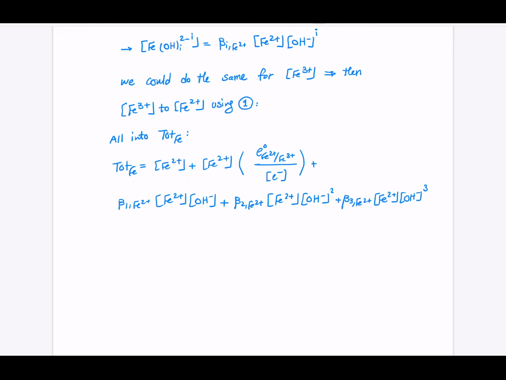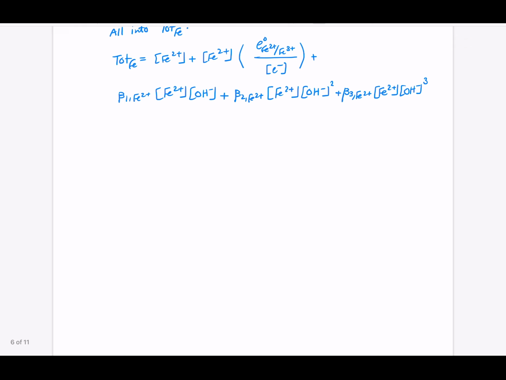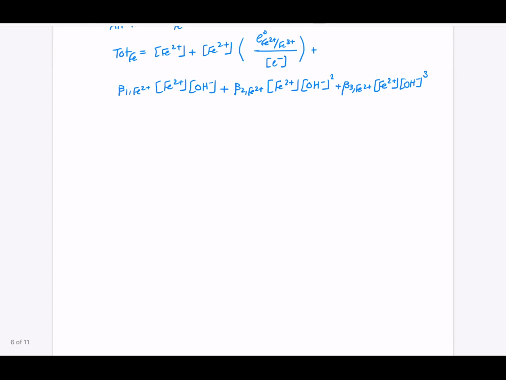So now the rest would basically be complexes of Fe3+. So plus beta 1 of Fe3+. But this time, instead of Fe3+, we have to replace it by Fe2+ times the redox parameters.